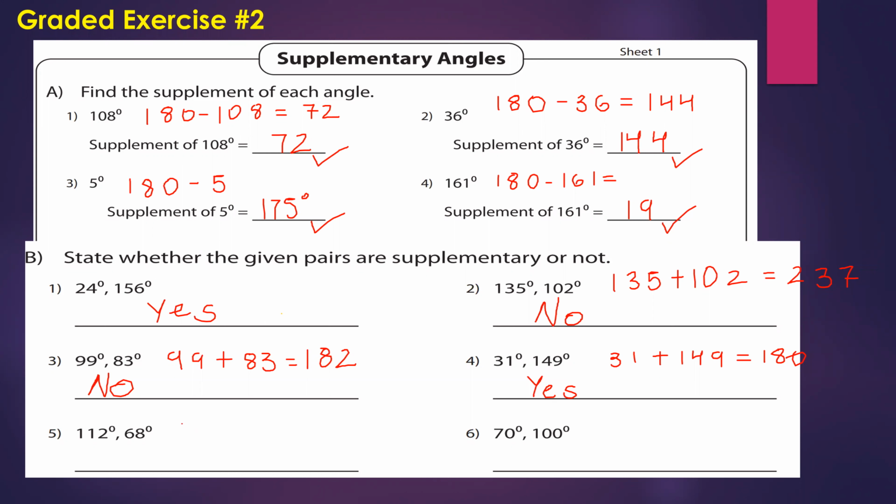Because 112 plus 68 equals 180. Very good. 112 plus 68 equals 180.